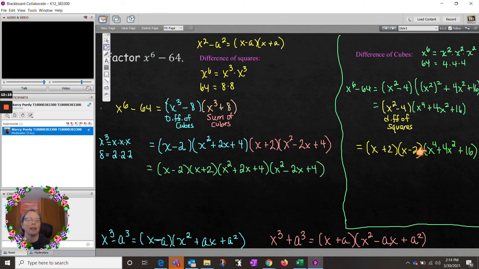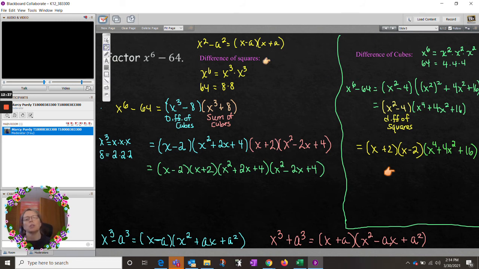It's just that x to the 4th plus 4x squared plus 16 has been factored because of the way we factored this in the beginning. We started with the difference of squares, so we were able to fully factor it, whereas if you start with it as a difference of cubes, you can't fully factor it.